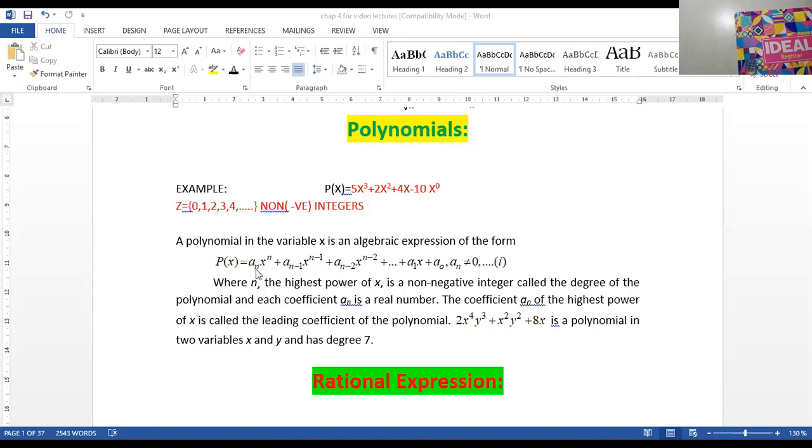For the time being, ignore all the a's, a_n, a_(n-1), a_(n-2), a_1, a_0, and look at the powers of x. The powers go x to power n, then x to power n minus 1, reducing one in each step.